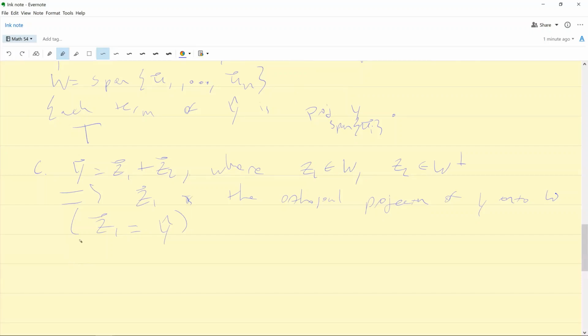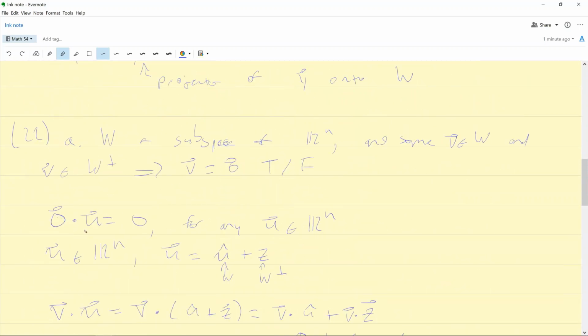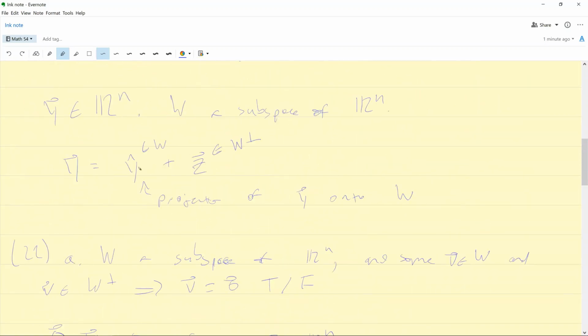So this one's going to be true because of the uniqueness of this decomposition. When we write this vector Y as Y hat plus Z, these are the only two vectors in W and W perp respectively we can do this with. If we take any other vector in W, there's no vector in W perp that we can add to get Y itself.